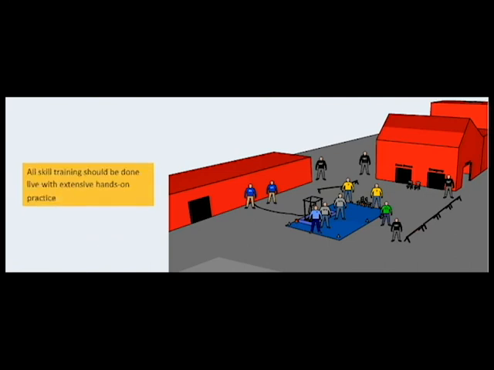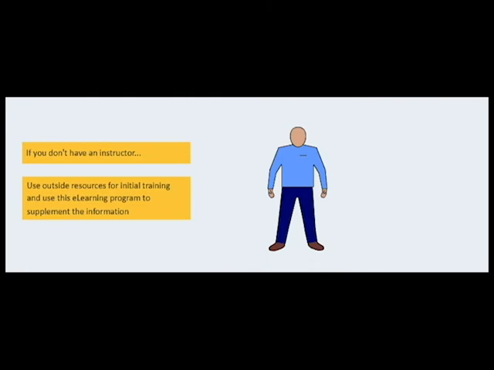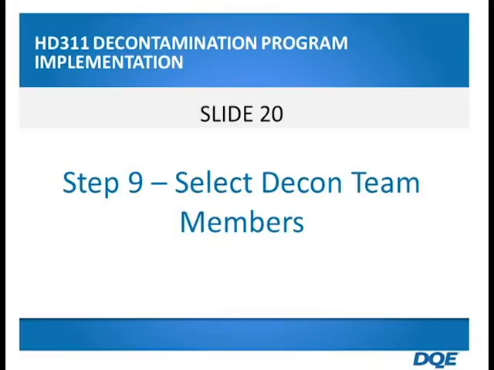All skill training should be done live with extensive hands-on practice. If your hospital has an experienced instructor, then this e-learning program should be used to supplement their efforts. If your hospital does not have such an instructor, then outside training resources could provide the initial training, and this e-learning program would be used to supplement the information.